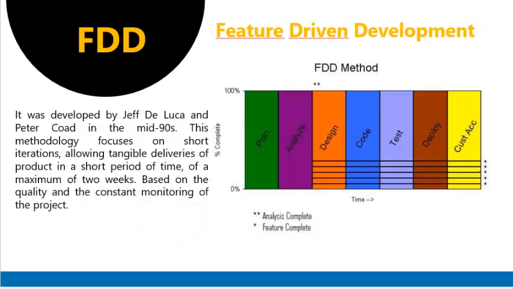FDD, or Feature Driven Development, was developed by Jeff De Luca and Peter Coad in the mid-90s.